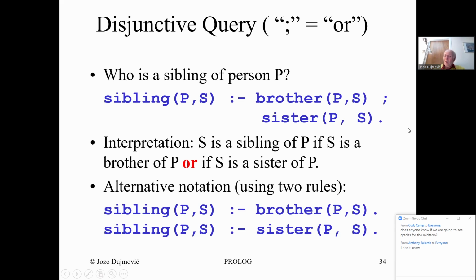Now this OR can be written using semicolon. Therefore, sibling of person P is S if this S is brother or if this S is sister of person P. So there are two possible notations. One is this one here, the other is this one here.